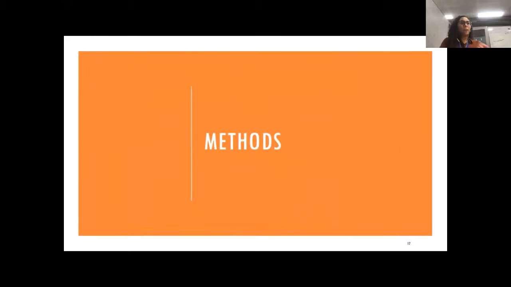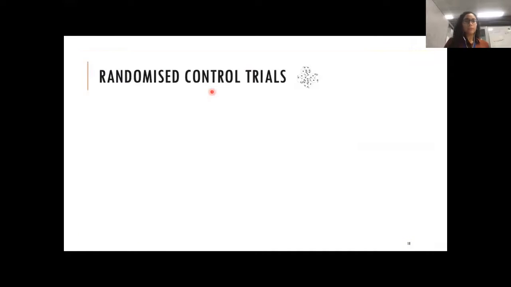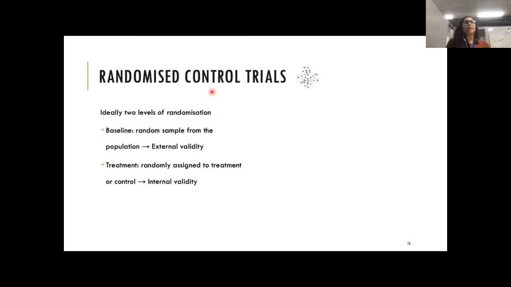So we are going to explore some of the methods that exist to measure the impact of a treatment. These are not the only methods that exist, but they are the most popular methods. The first one is called randomized controlled trials. What we basically do is assign participants and non-participants randomly.